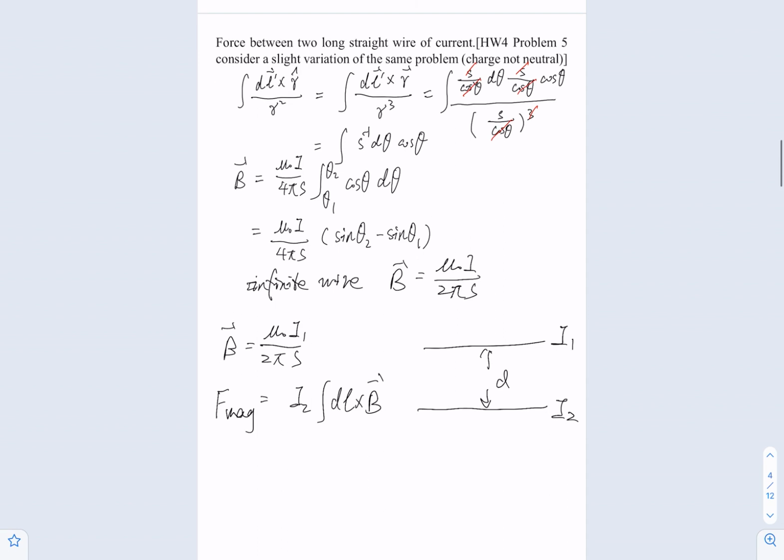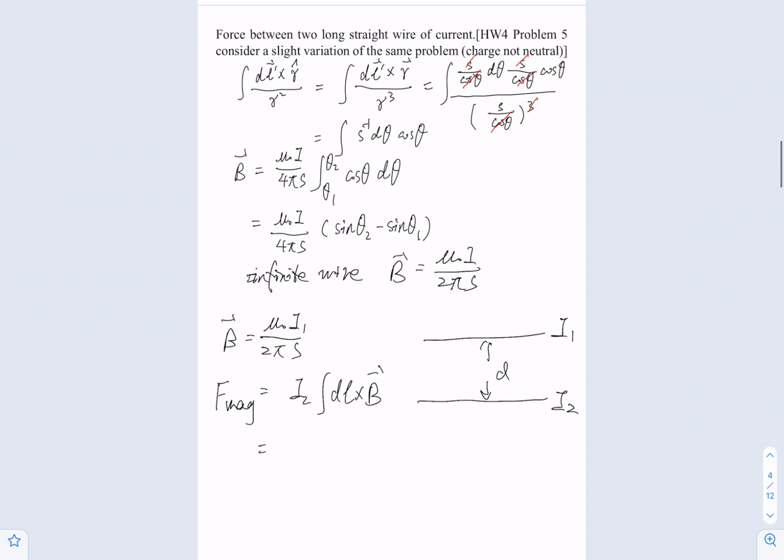Now because this is an infinite line and the B field is a constant, we can put that outside of the integral.